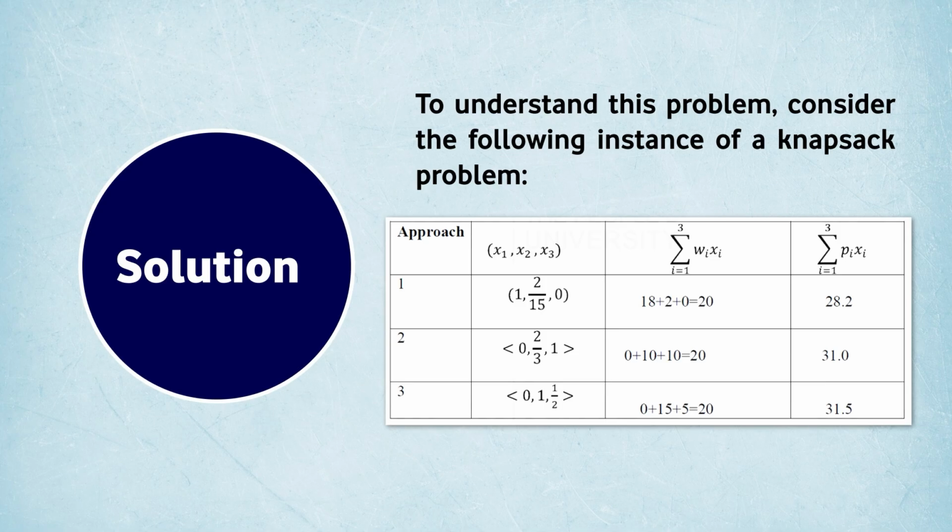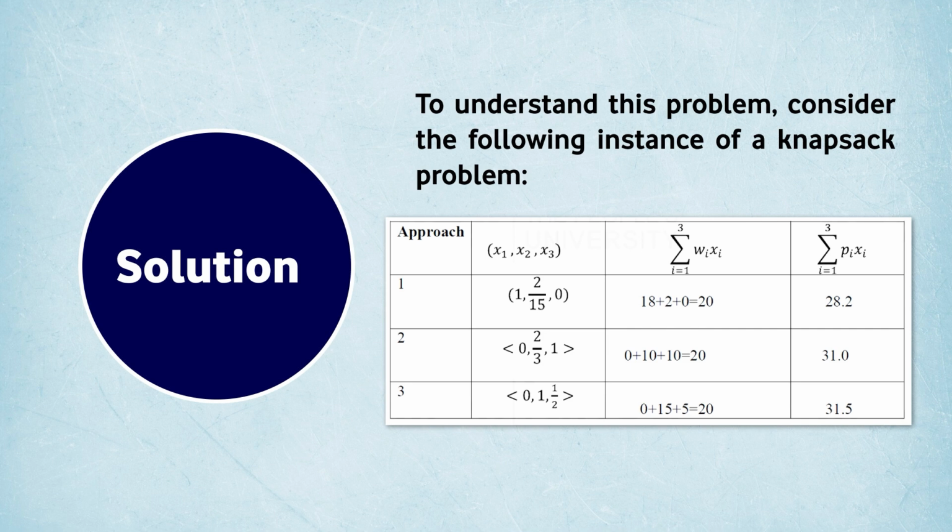Now the third item will not be included because the capacity is full. So the maximum profit you will get is, firstly, the complete profit, that is 25.